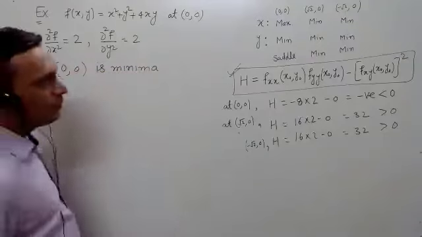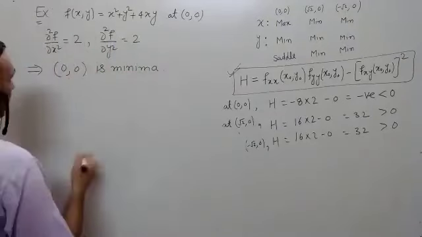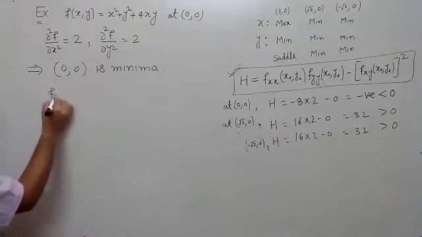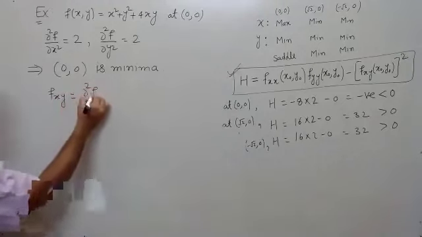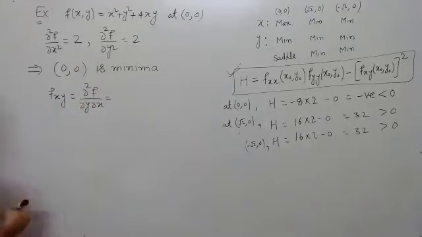But let us check the final test, because this may not be correct. So for the final test, you have to find this value, fxy. So fxy is del 2f by del y del x. What will be this value? So 4.